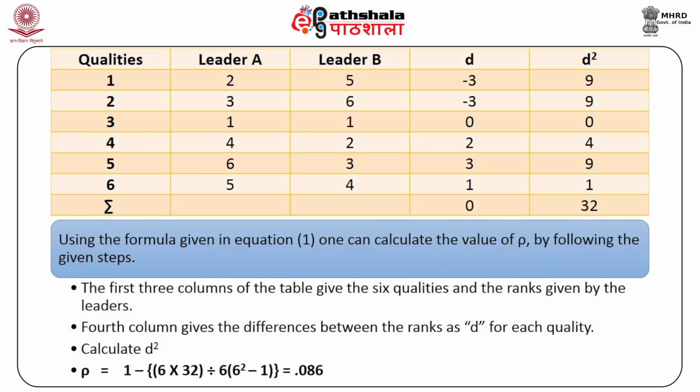Using the formula given in Equation 1, one can calculate the value of rho by following the given steps. The first 3 columns of the table give the 6 qualities and the ranks given by the leaders. The fourth column gives the difference between the ranks as d for each quality, and we calculate d squared.